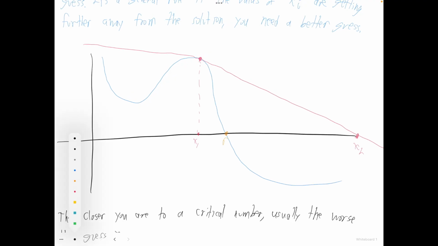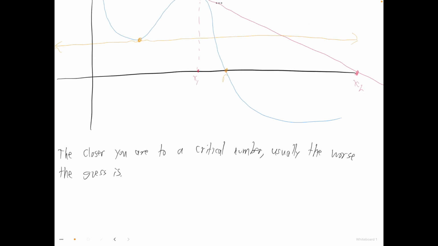I'm just going to use this graph from above. If I pick this critical number right here, then when I draw the tangent line, it is not going to have an x-intercept. And so as long as you don't pick a critical number, you will have an x-intercept. But if you're close to a critical number, your x-intercept is probably getting further away. So you want to avoid critical points when using Newton's method. That's another reason why finding critical points can be helpful, as it can help us know what values we don't want to pick when doing Newton's method.